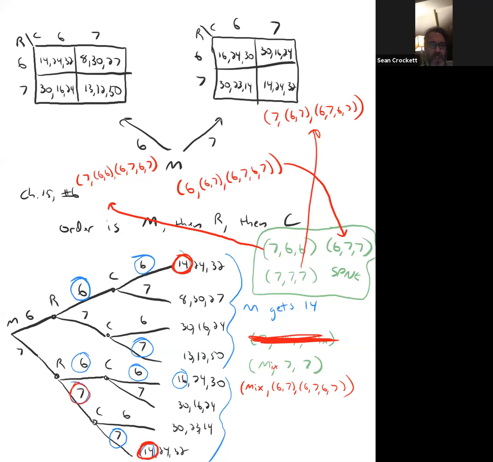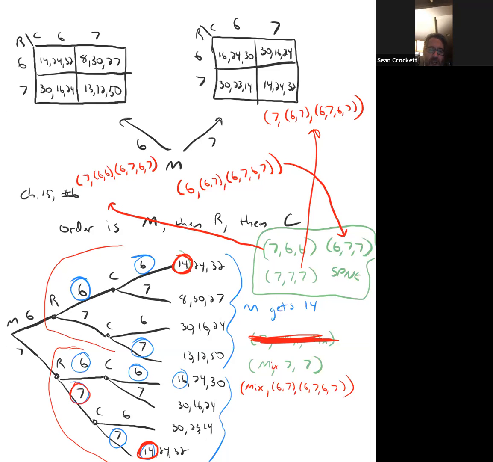And so if this subgame is played in 6-6, which it always is, and this bottom subgame is played in 7-7, then player 1 is indifferent between 6 and 7, so she's allowed to mix between them. But player 2's strategies stay the same and player 3's stay the same because she gets to observe what player 1 did. So it doesn't matter if player 1's mixing or not.